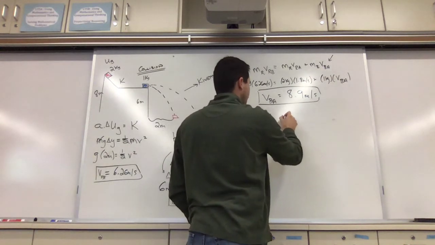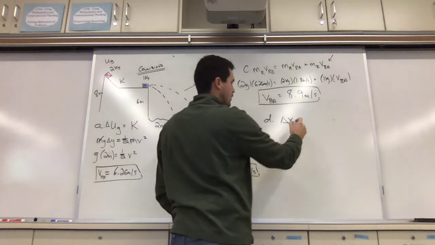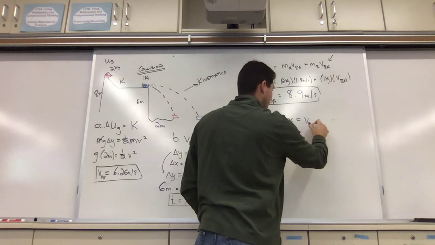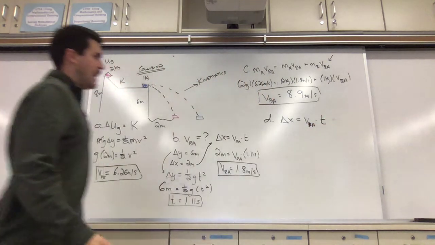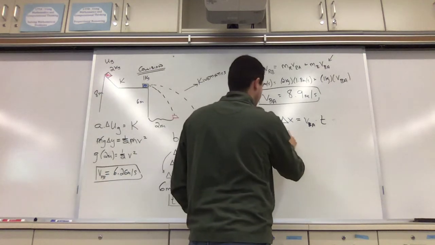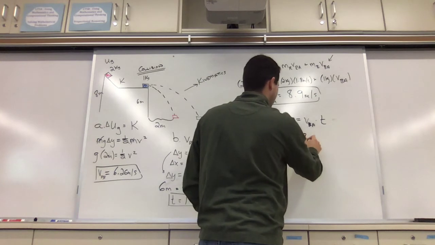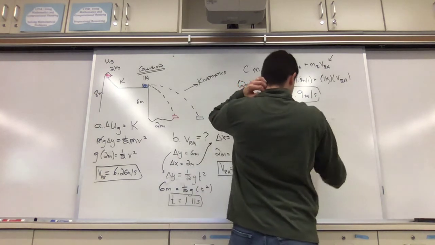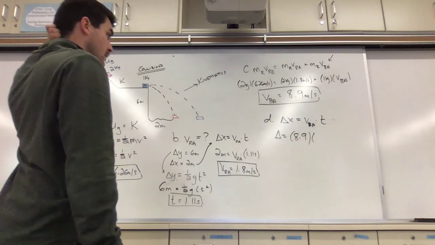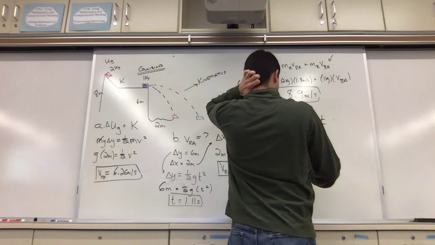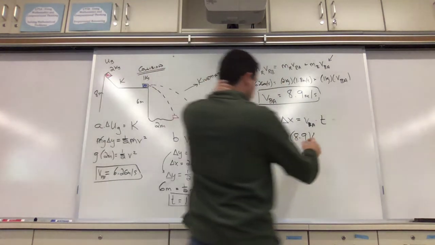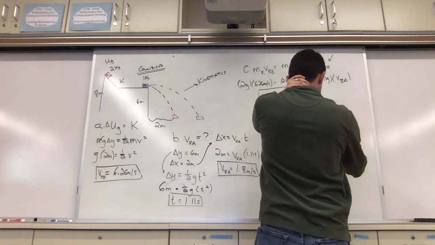D says, what is the change in horizontal position for the blue block after it collides with the red block? I know horizontally there's no acceleration, so I'm going to use this formula right here. Delta x is equal to 8.9 times 1.1 seconds.